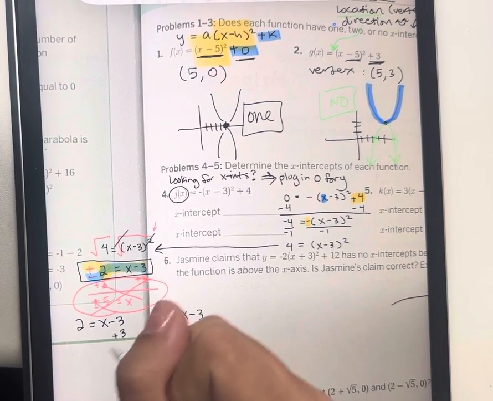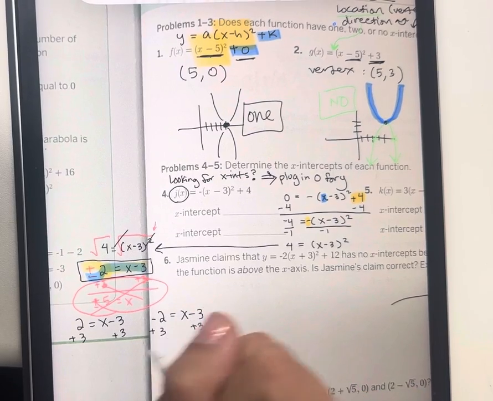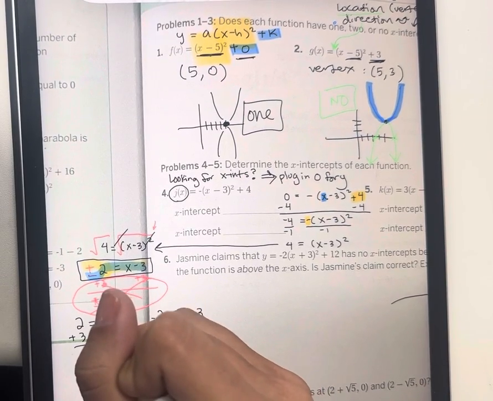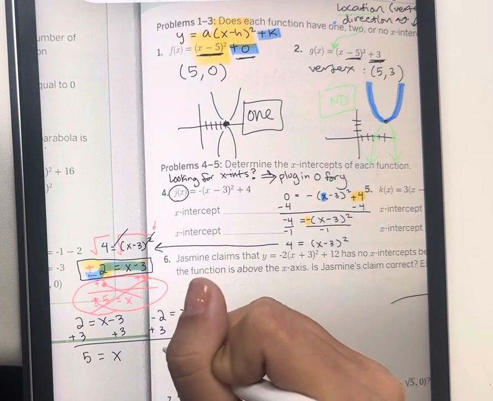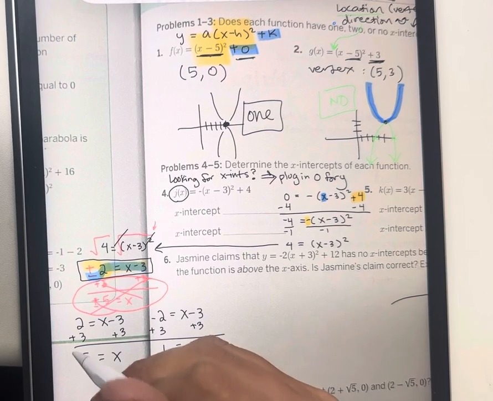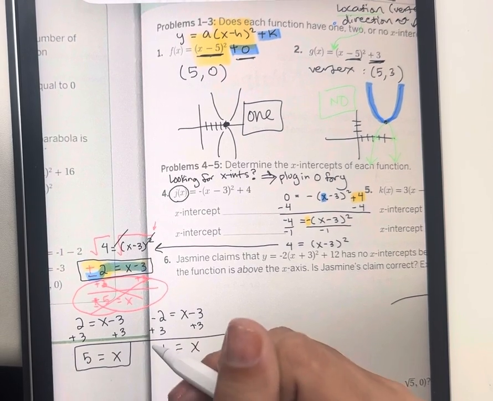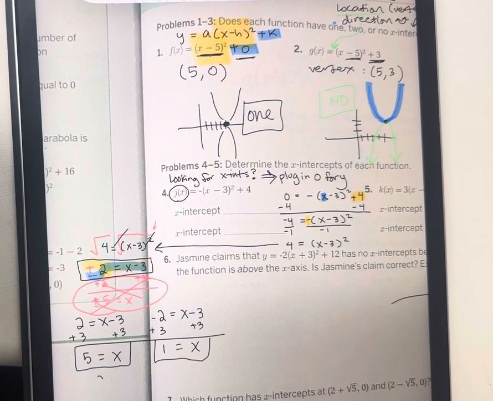Now you can add the 3 to both sides in both equations to get our two x-intercepts. They are 5 and they are 1. Looking like this, x equals 5, x equals 1, these guys are solutions to our equation.